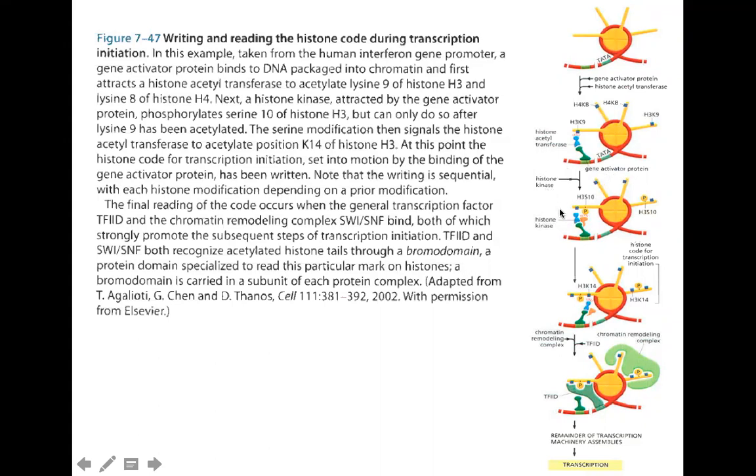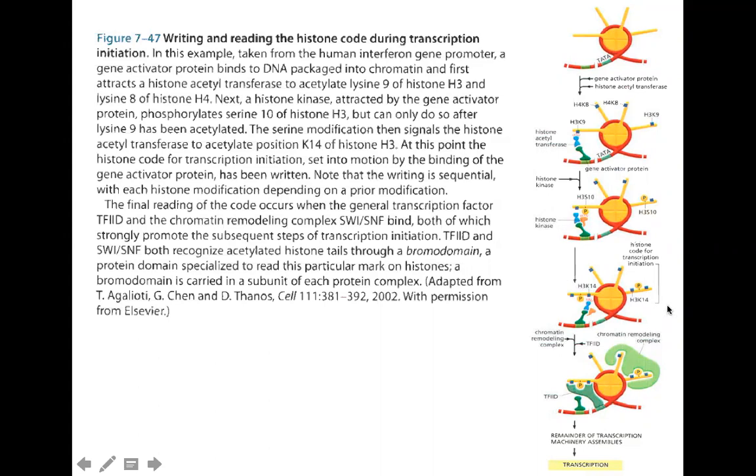Then this recruits histone kinase. Histone kinase then phosphorylates the serine at the 10th position, but this is only possible when K9 is acetylated. Afterwards, when S10 is phosphorylated, histone acetyltransferase can acetylate K14 on both sides of the H3 tails.